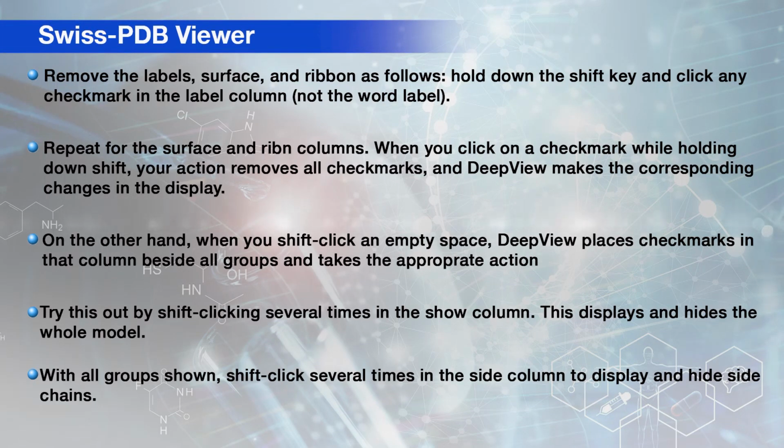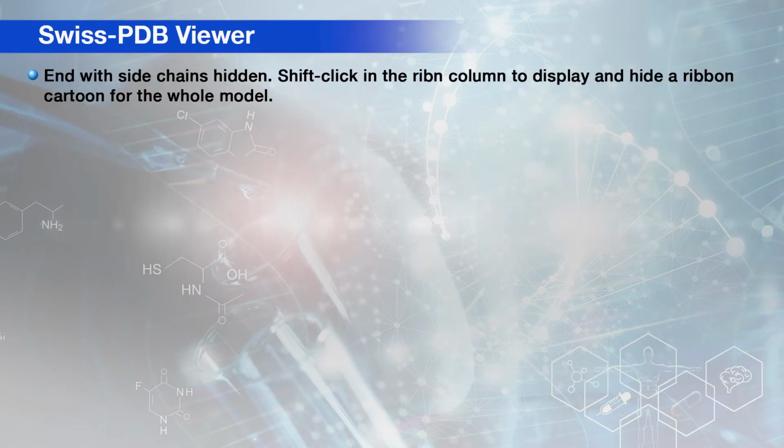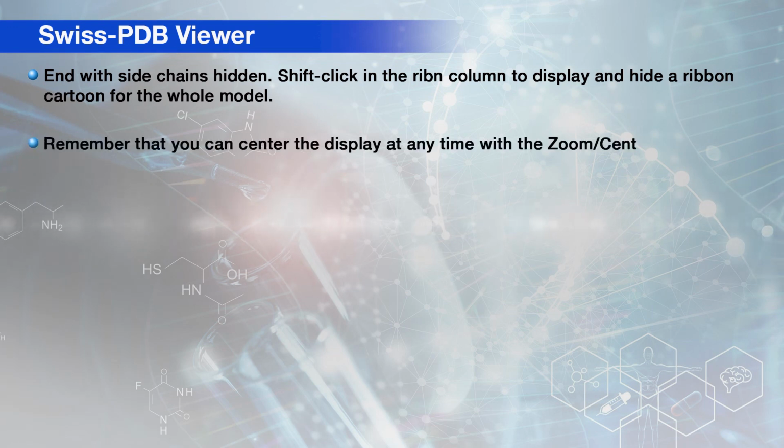Shift click several times in the Side column to display and hide side chains. Shift click in the Ribbon column to display and hide a ribbon cartoon for the whole model. Remember that you can center the display at any time with the zoom or center command.